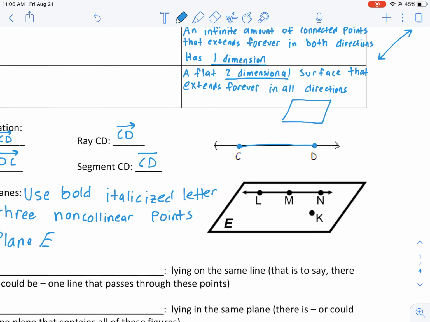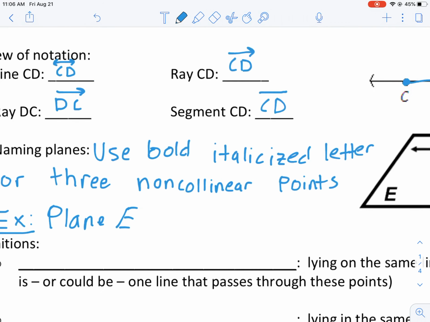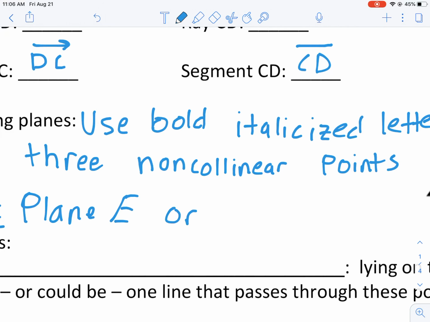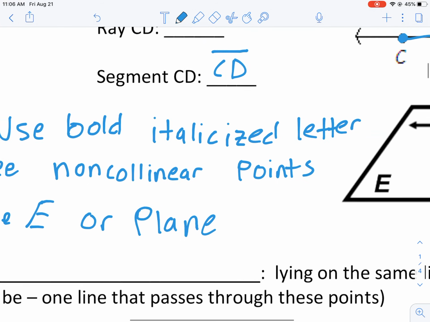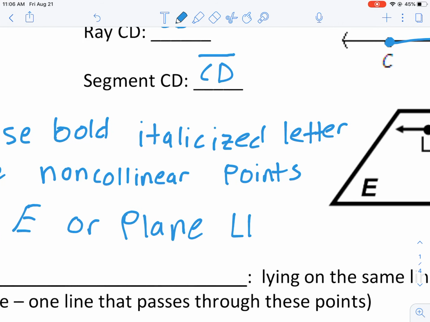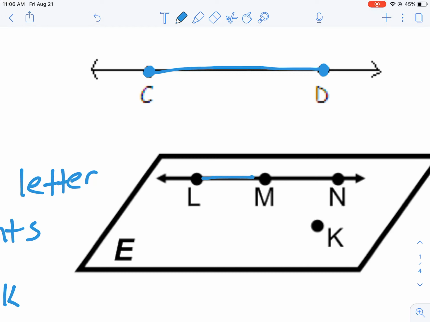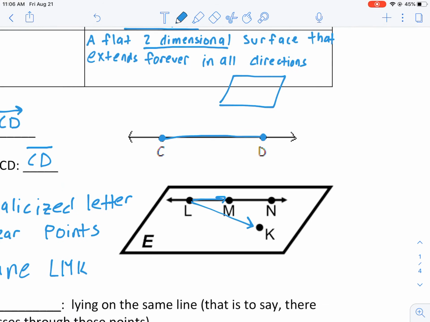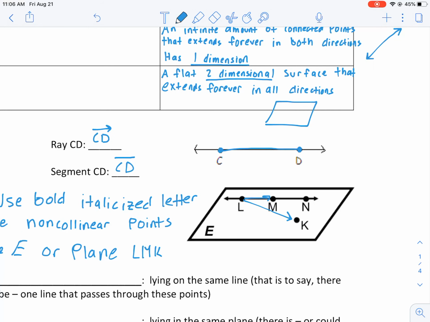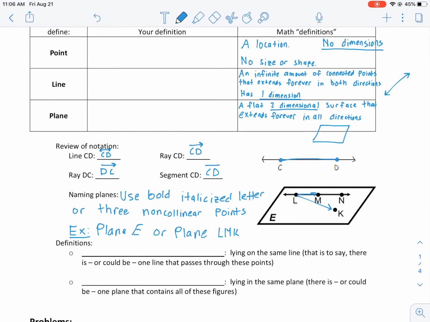So we're going to pick the letters L, M, K. So we're going to say this could also be called plane LMK. So when you're doing a plane, you need 3 points. That way you have 2 dimensions to your plane. All right. So that's how you would name a plane.